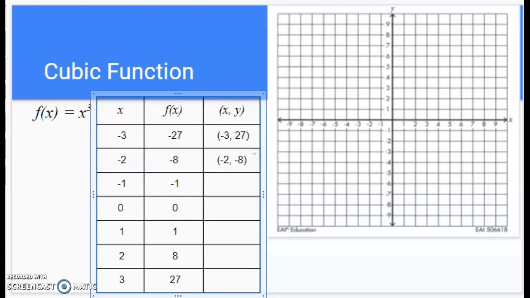So we're making a graph. We have negative 3, negative 27. We're going to go to negative 2, and down to negative 8. You notice negative 1 would be negative 1, 0, 0. So we have the origin, 1, 1, and then 2, 8. And it kind of curves and it continues.